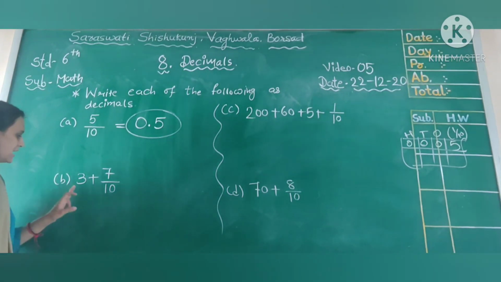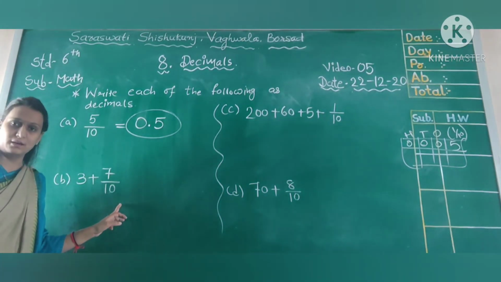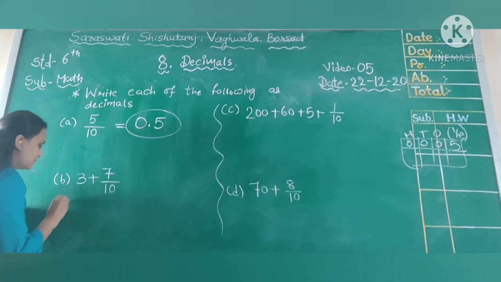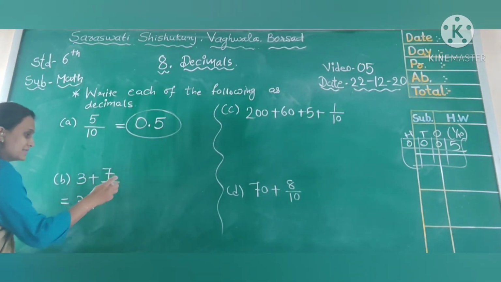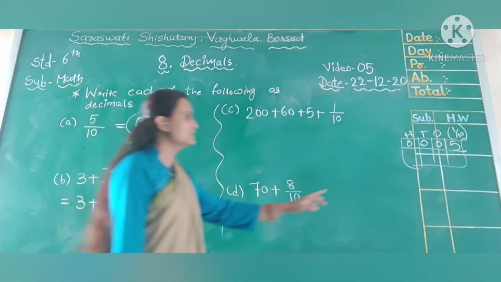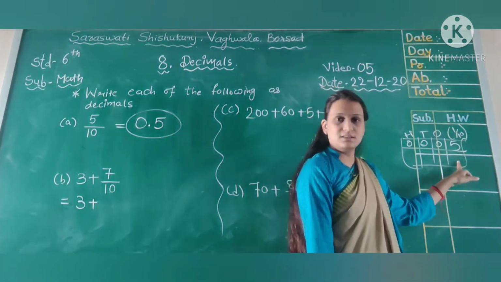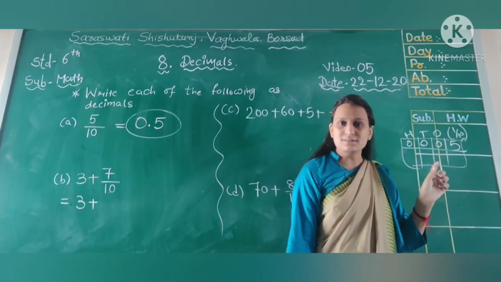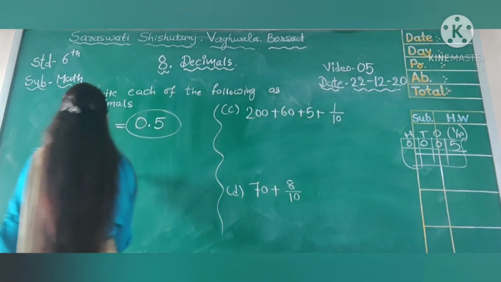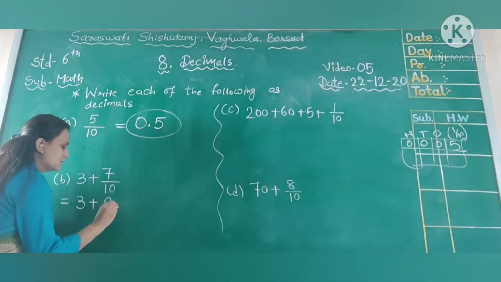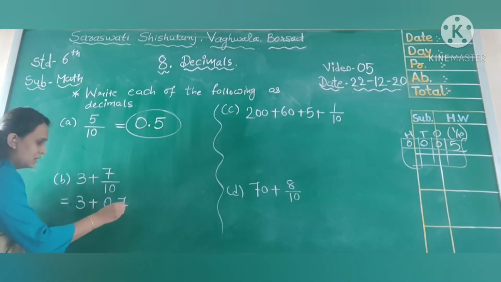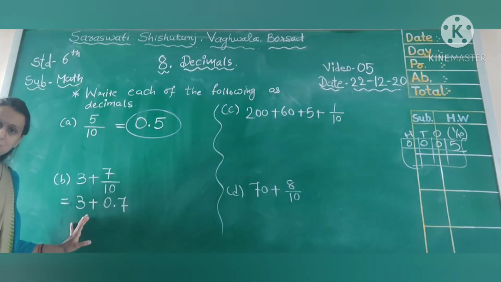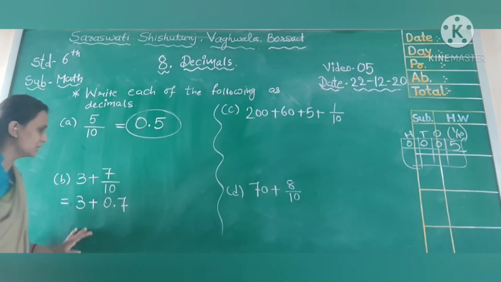Now in the B number we have 3 plus 7 upon 10. 3 is at the ones place, so 3 will be as it is. 7 is at the tenths place. So how can we write 7 at the tenths place? 0.7. So instead of 7 upon 10, we can write 0.7. Now you can see there is an addition relation between the two numbers, so let us add them.